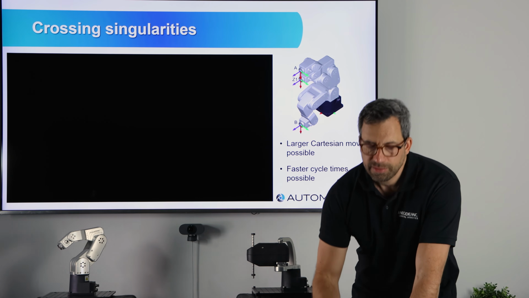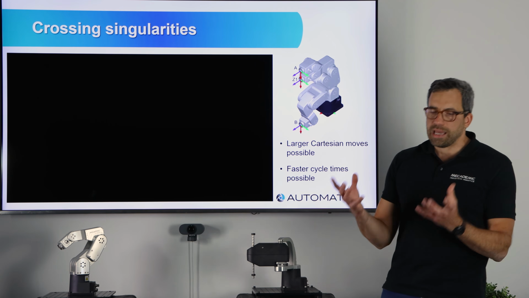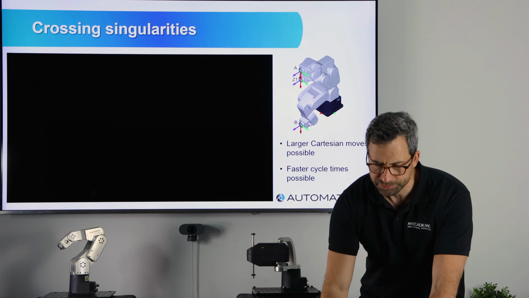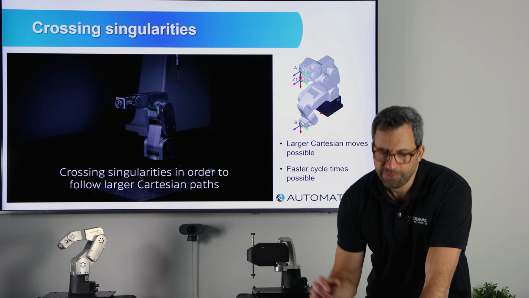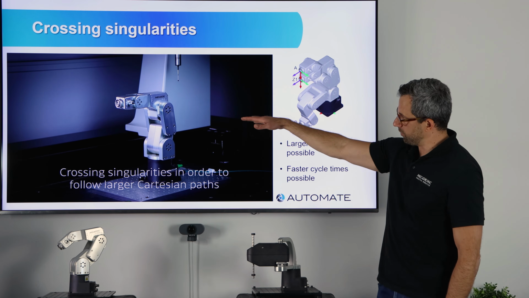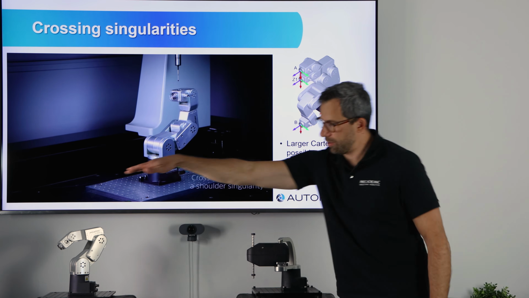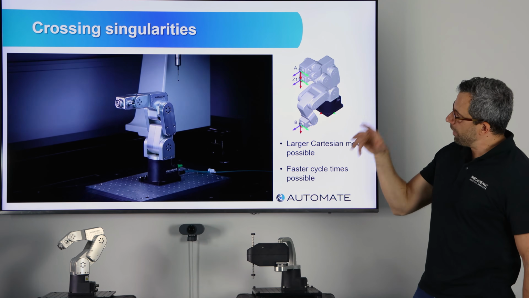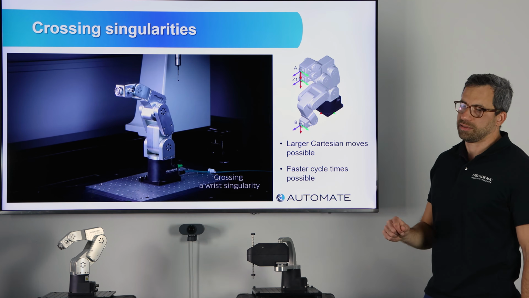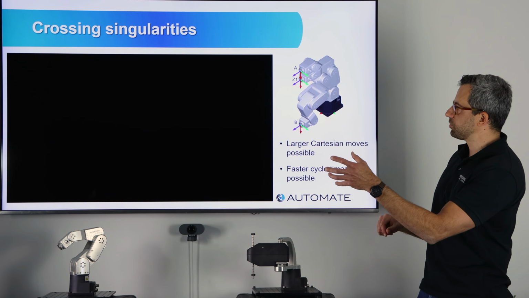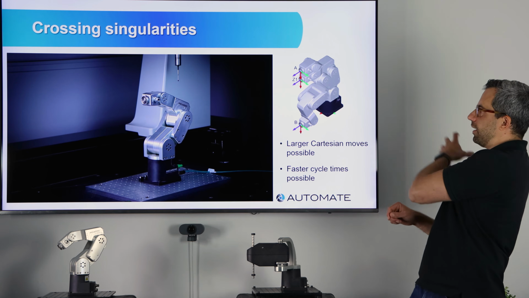So here is again the demonstration of this crossing of a singularity. It's kind of fast, but you will see I start from a singularity and I can go all the way from here to here, basically passing two singularities. So crossing one workspace set, another, and then another.